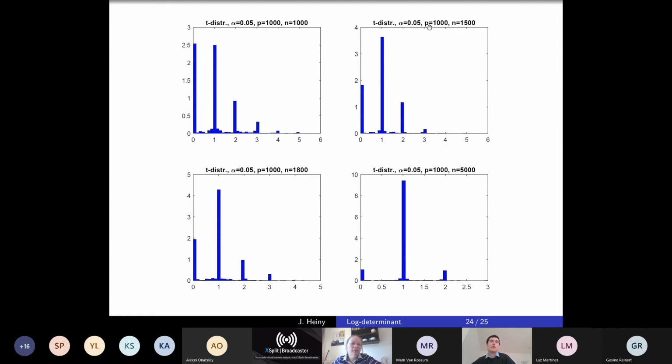While if the parameter gamma, which is the ratio p over n, is smaller than 1, then the point mass at 1 is always the highest, and then you have these exponential decays. And from these pictures, I think you can see this almost discrete behavior in a very nice way. And I have to say, I was very surprised when I saw this for the first time. So I think I'm out of time.